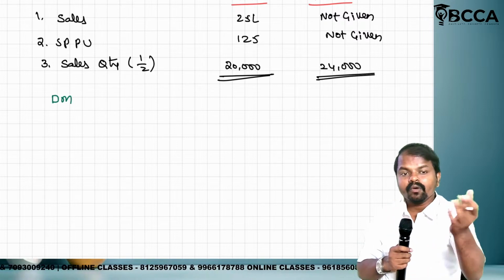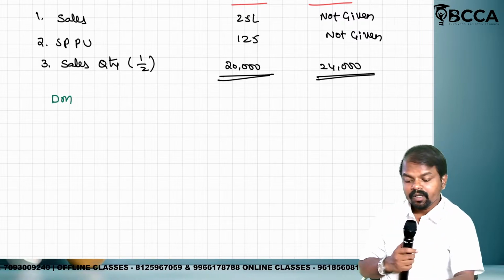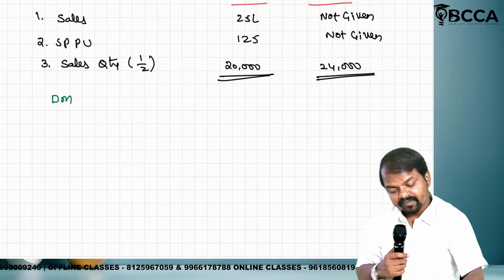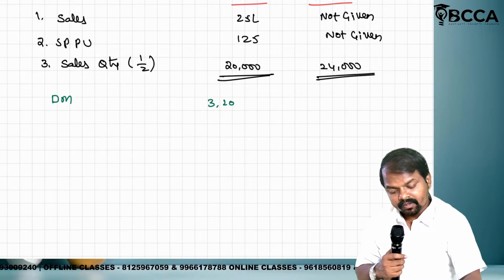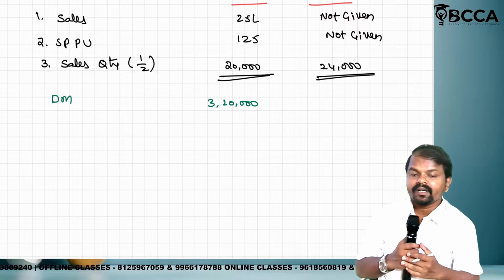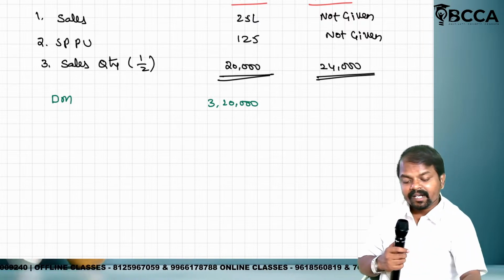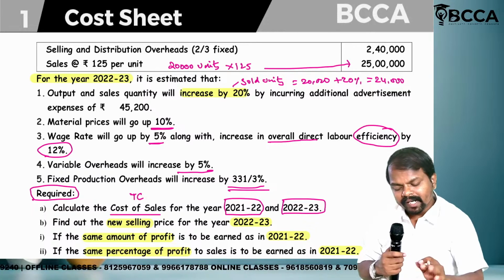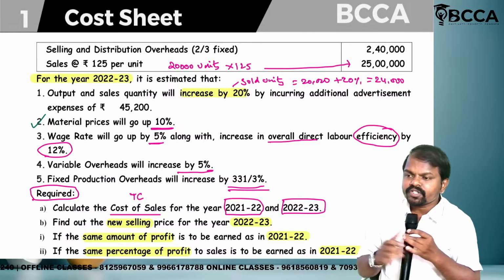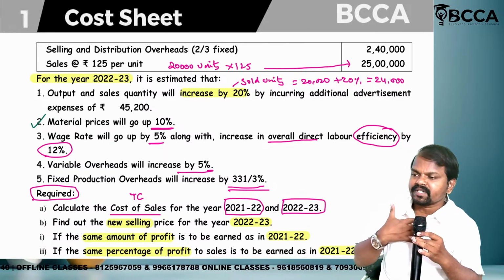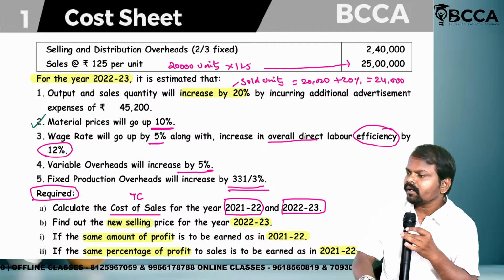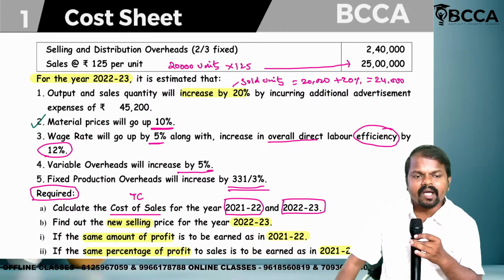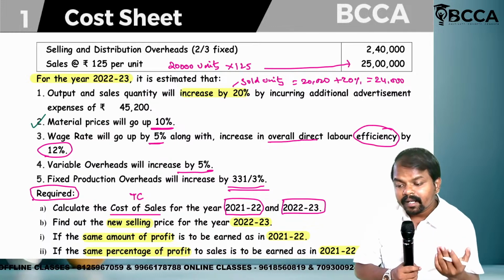Now tell me, what is the first line? Direct material. Now take the question. Direct material given in the question is 3 lakh for 20,000 units. Correct? What is the direct material for next year? Don't tell like that, please see the question. Point number 2, they gave direct material prices will go up 10%.